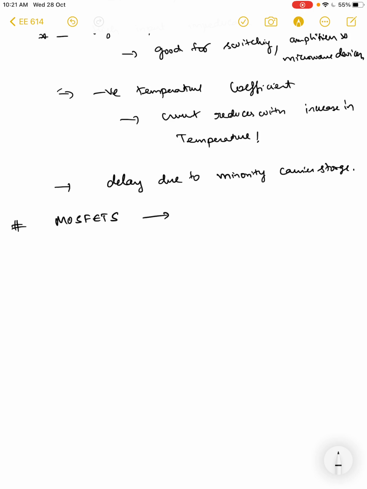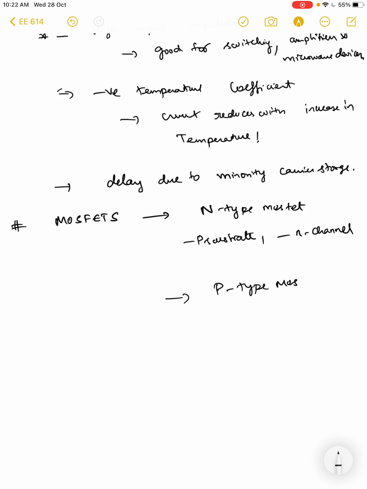You can either have an N-type MOSFET, where you take a P substrate and invert the surface to get an N channel, as we saw before in the metal insulated semiconductor junction, or you have a P-type MOSFET, where you have an N-type substrate and invert the N-type substrate to have a P-type channel, right?